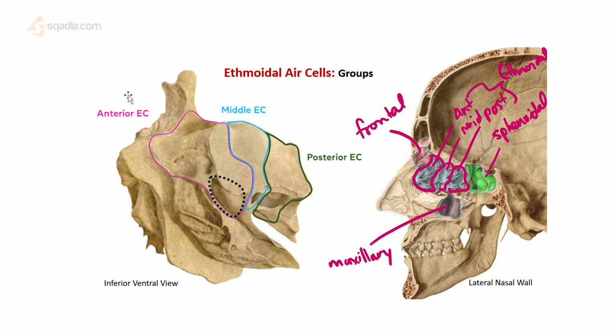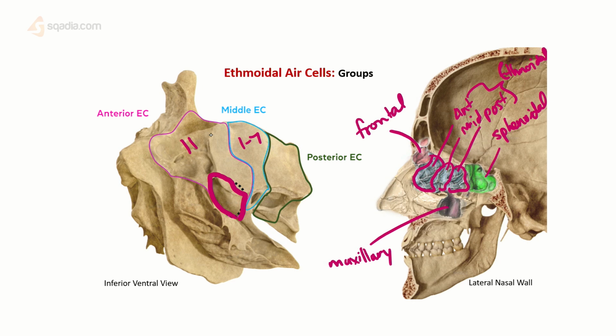So the anterior ethmoidal air cells, on average, they contain 11 cells. Their orifice opens directly into the middle nasal meatus via the ethmoidal infundibulum. The middle group contains 1 to 7 cells.